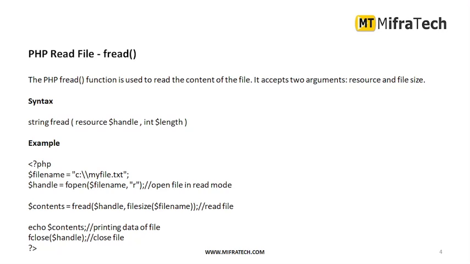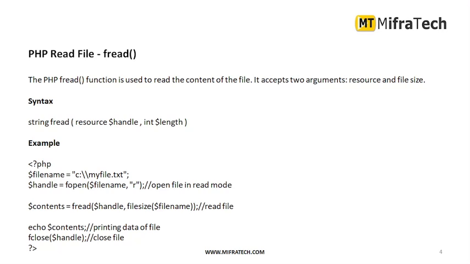PHP read file, fread. The PHP fread function is used to read the content of the file. It accepts 2 arguments, resource and the file size. String fread(resource handle, int length). For example, the file name is equal to the file path, where we have to mention, in C drive, myfile.txt. Handle, fopen, the file has to be opened. File name, r, open the file in read mode.